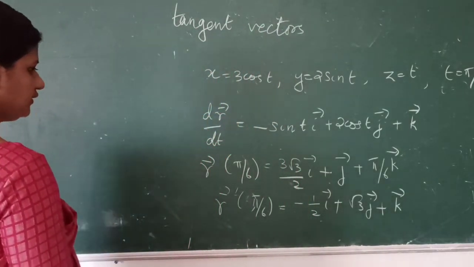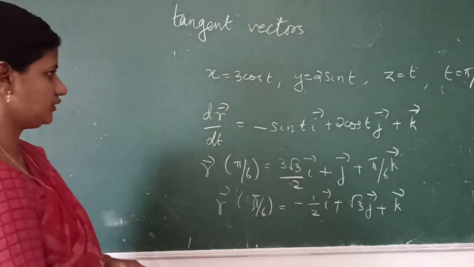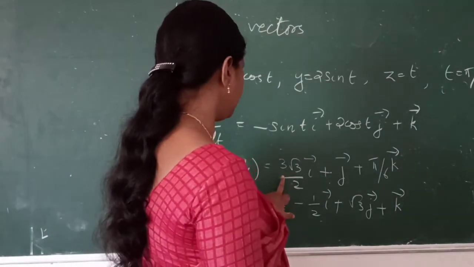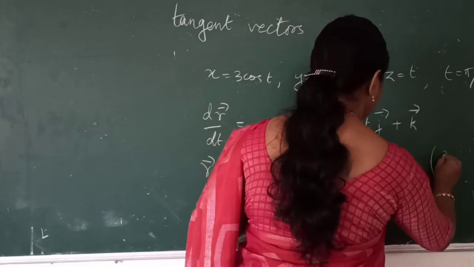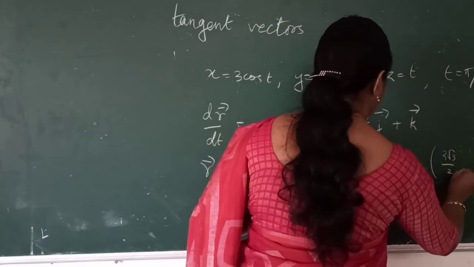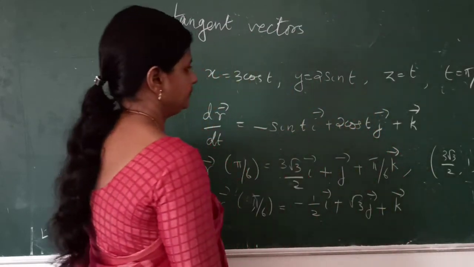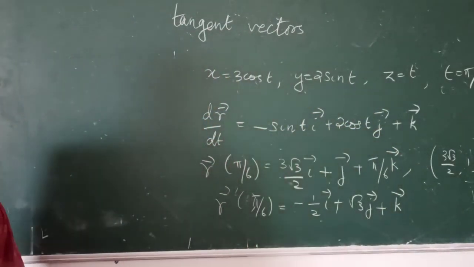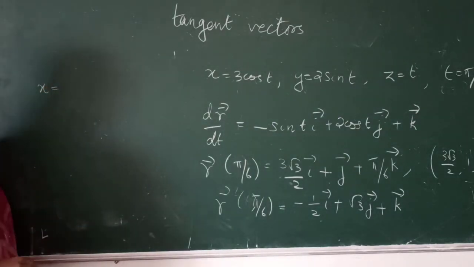So here our point, the endpoint here, is 3 root 3 by 2, 1, pi by 6. So through this point, the equation of the line is given by x is equal to x naught plus t u1.